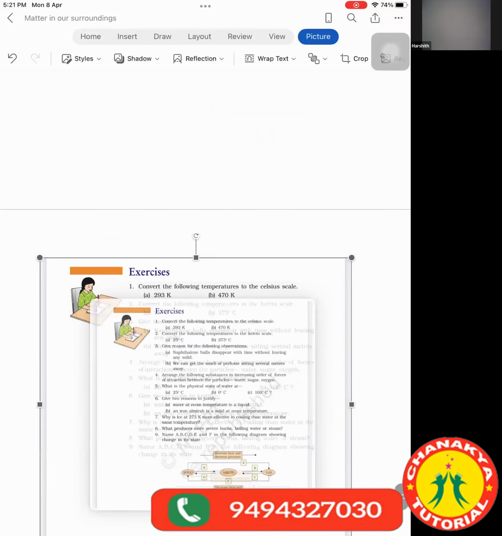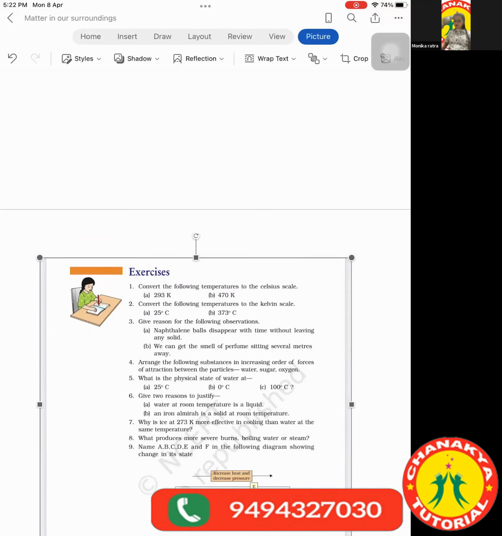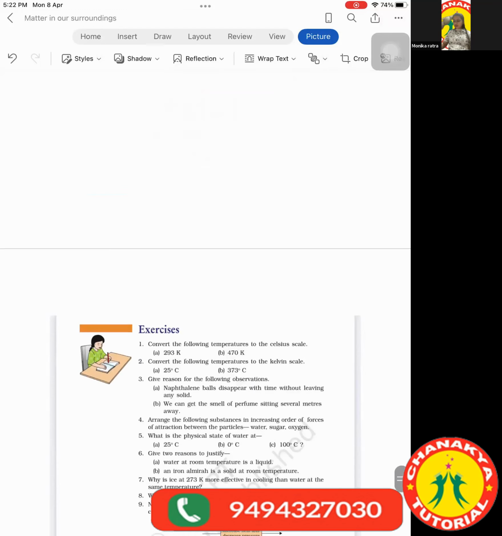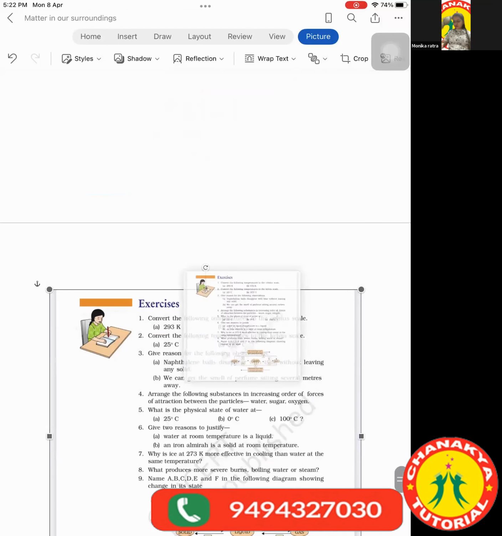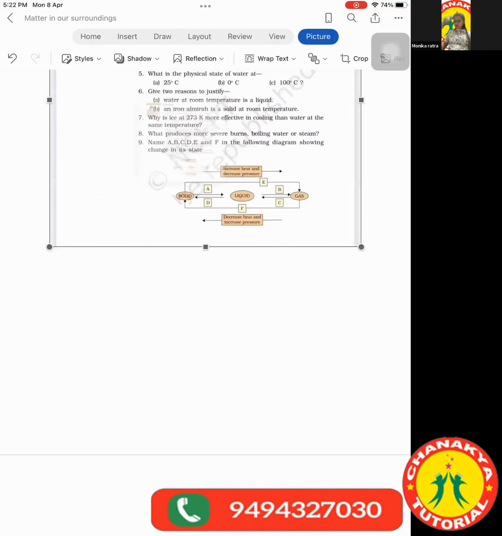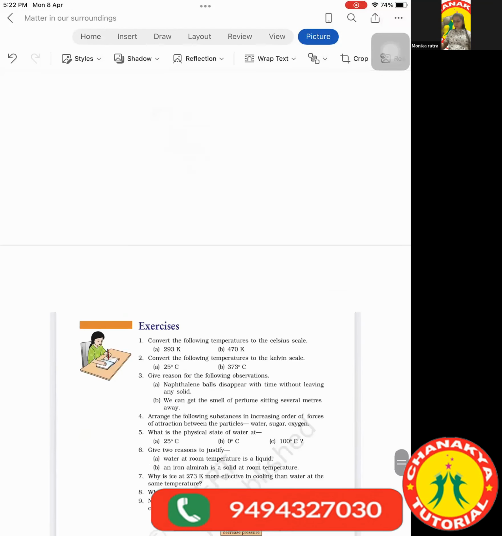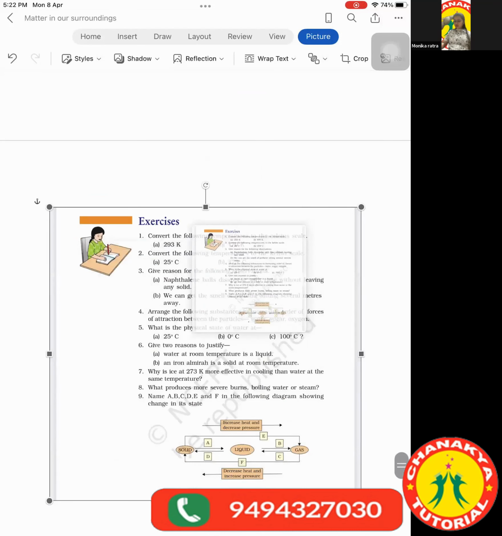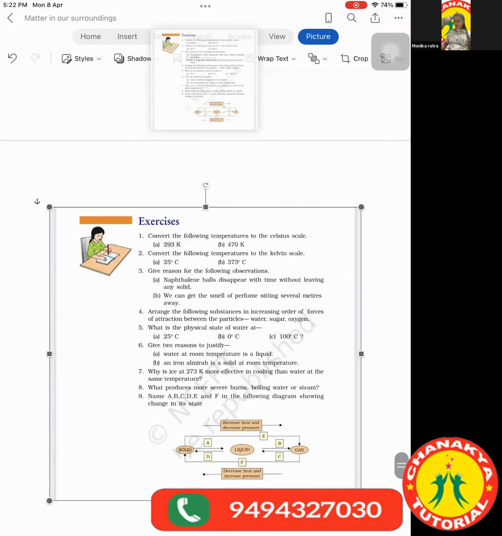Ma'am, we will subtract. We are going to subtract 273 out of 293 to get the answer for the conversion of Kelvin to Celsius scale. So if we subtract 273 Kelvin from 293 Kelvin, then what is going to be the answer?